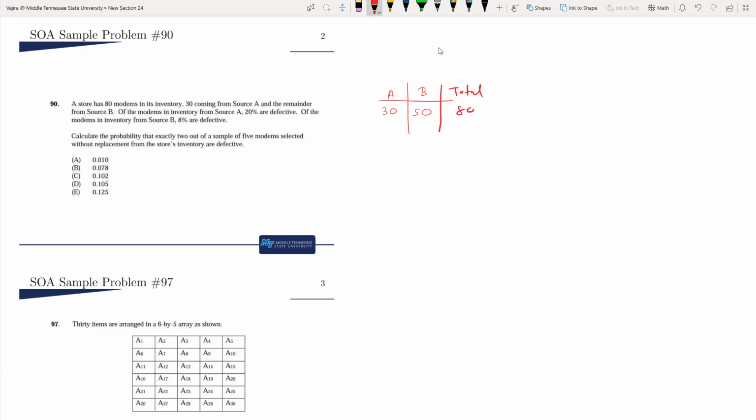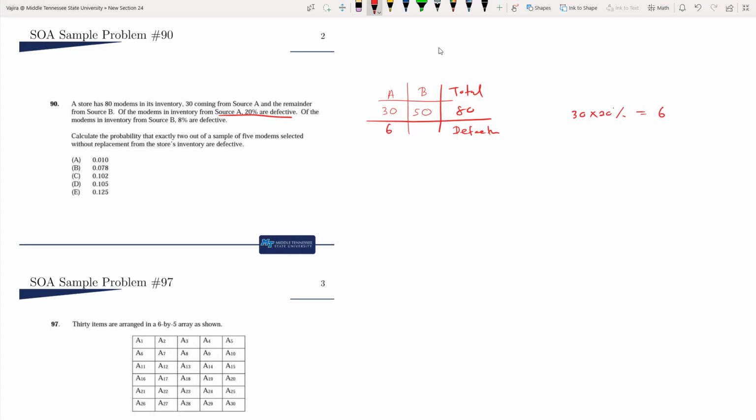Then you can see that of the modems in inventory from source A, 20% are defective. So if I want to divide this 80 into defective and non-defective, how many are going to be defective? 20% from A is defective, so you multiply 30 by 20%. That would give you 6.